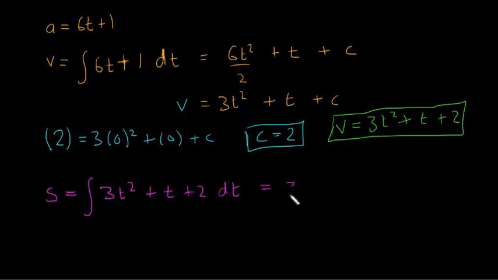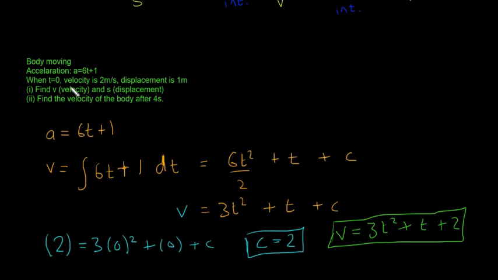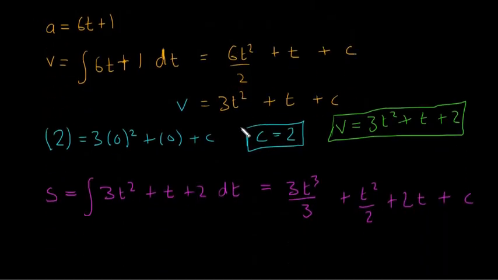So that's going to be equal to 3t cubed over 3 plus t squared over 2 plus 2t plus c. And again, we're going to do the same trick, so we're going to get rid of the c. So it says that the displacement is 1 meter when time is 0. So we're going to do this in, we'll go red, why not?